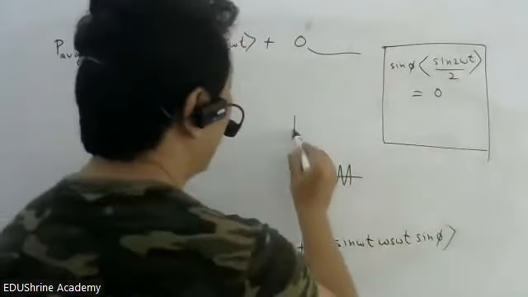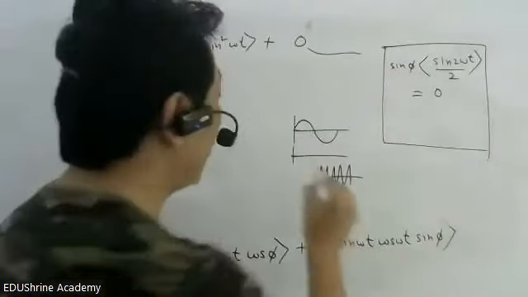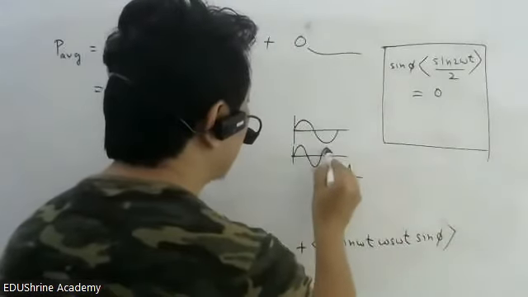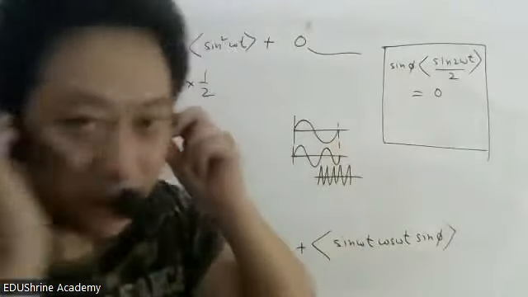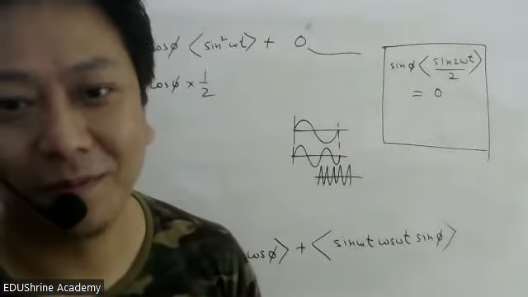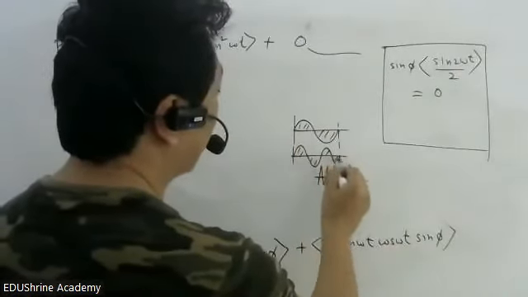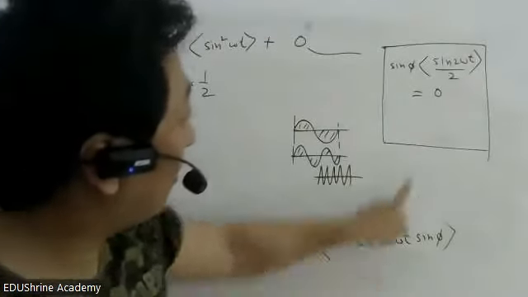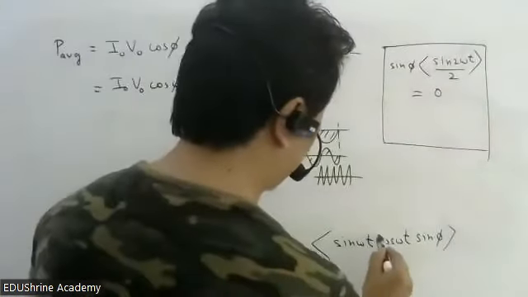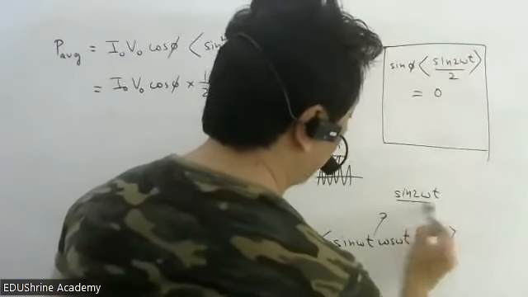If sine omega t looks like this, sine 2 omega t will look like this. Understood, students? Double frequency, 2 omega t. The average will still be 0 because plus will cancel minus. So that's the reason this average is 0.